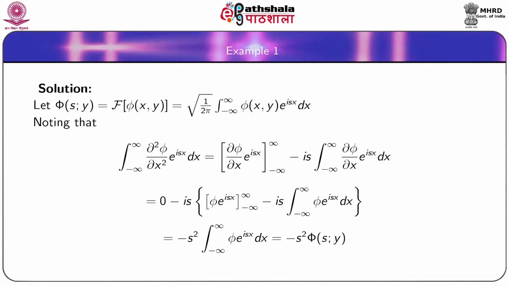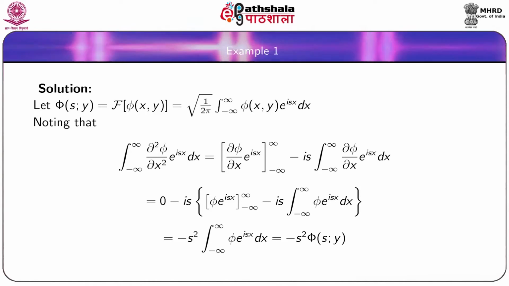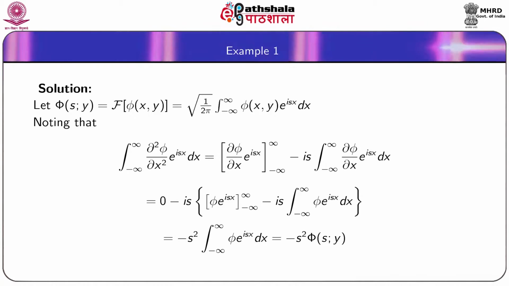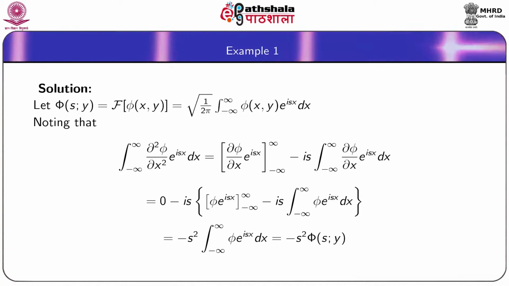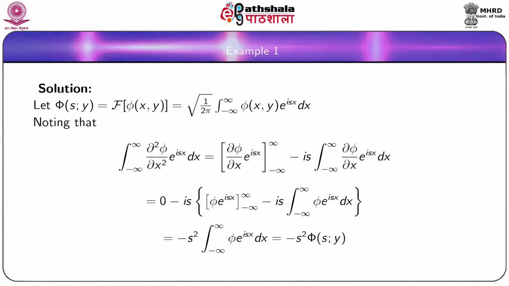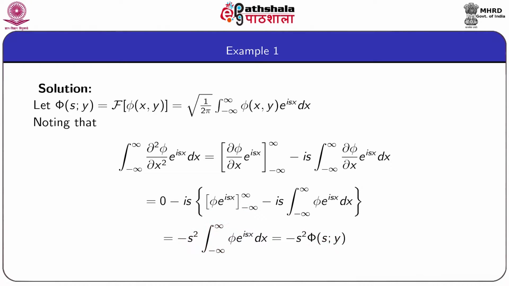Again, from the condition that phi tends to 0 as x tends to plus or minus infinity, this term becomes equal to 0, and so we finally get minus s squared integral from minus infinity to plus infinity phi e to the power isx dx, and the integral is the Fourier transform of small phi. So finally we get minus s squared capital Phi(s,y).